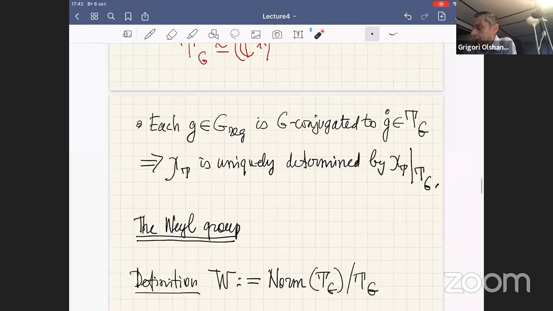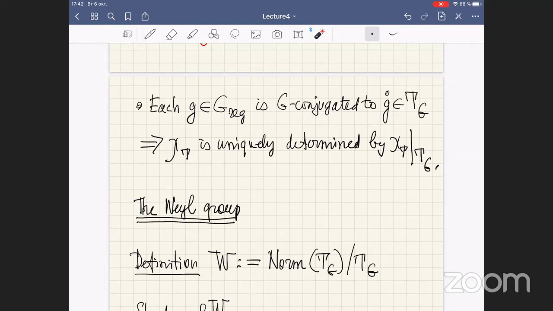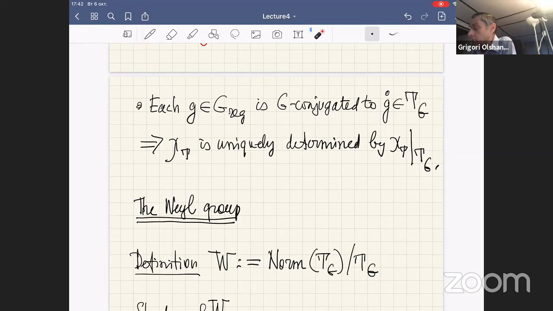The next claim is as follows. If our element is regular, then it is conjugate to some element of the torus. This is a claim from linear algebra. Sorry, what does it mean, conjugate? Conjugate, I mean, in the sense of orbit.